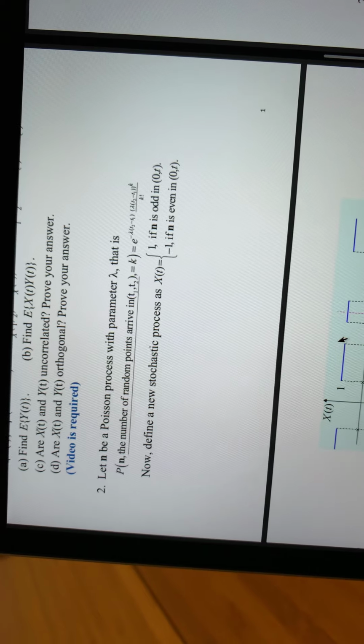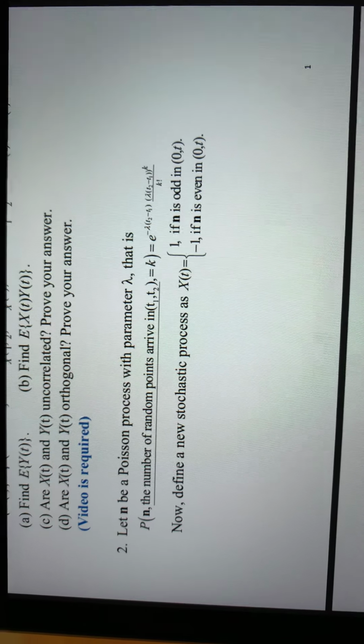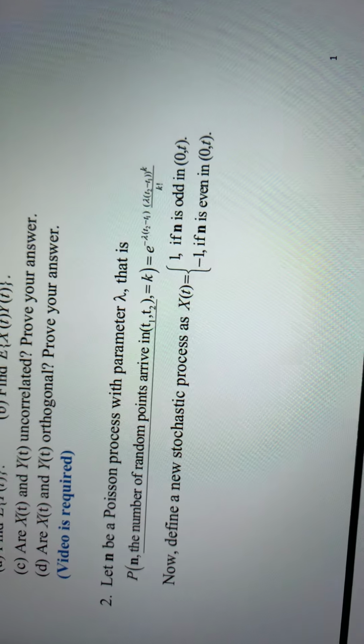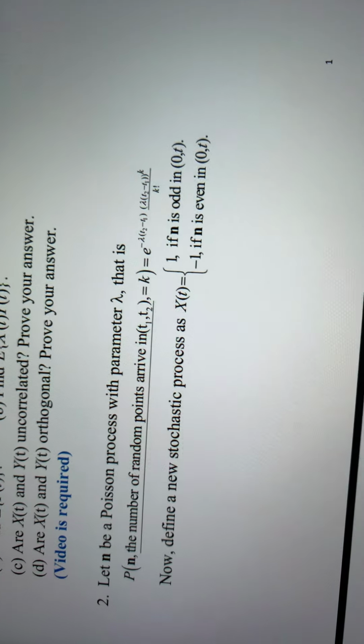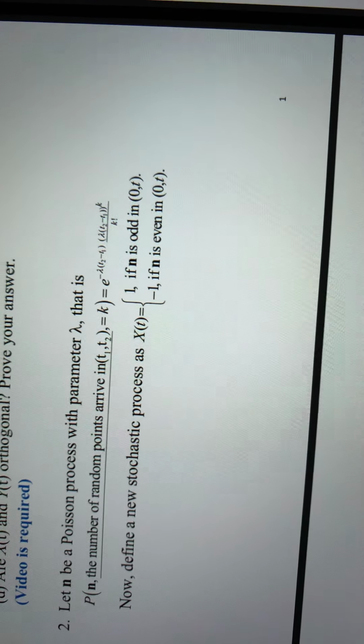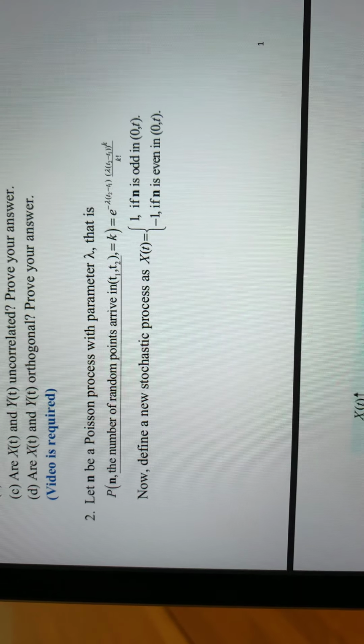The probability that this number equals k is e to the power of minus lambda (t2 minus t1), times lambda (t2 minus t1) to the power of k, over k factorial.